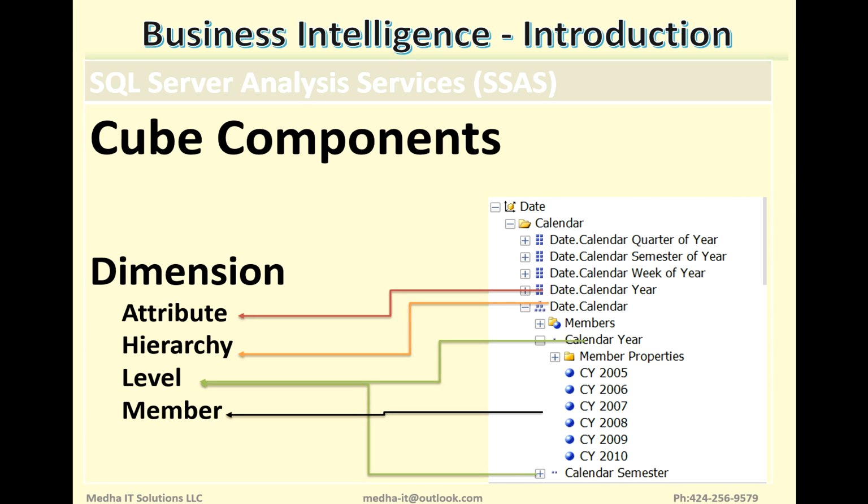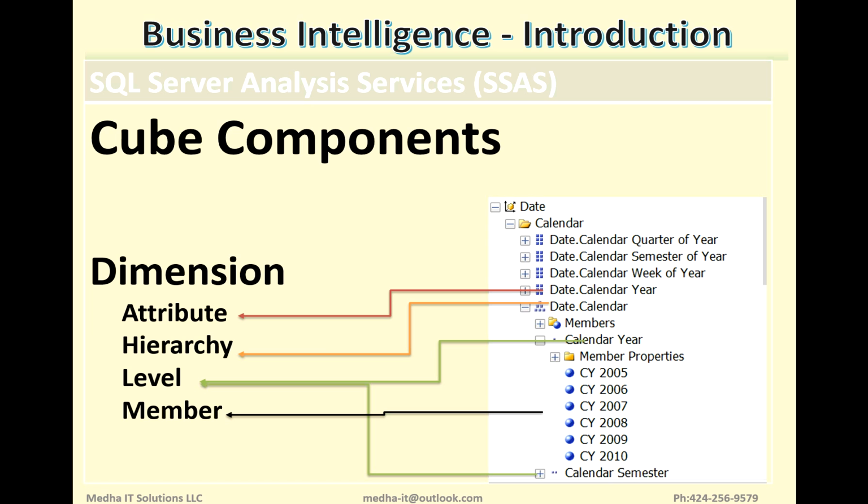Okay, and cube components, as we talked, cubes consist of dimensions and measures, right? So dimension is basically the axis, and a dimension consists of attributes, hierarchies, levels, members. This we will talk later when we discuss analysis services.